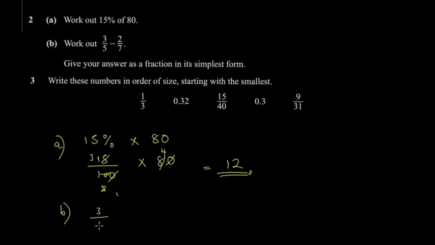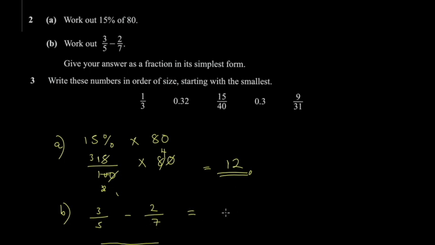The second part says 3 over 5 minus 2 over 7. Here we use the primary school route. The primary school route would be to get the common denominator, which should be the lowest common multiple of the denominators. These are 5 and 7, so the lowest common multiple is 35.